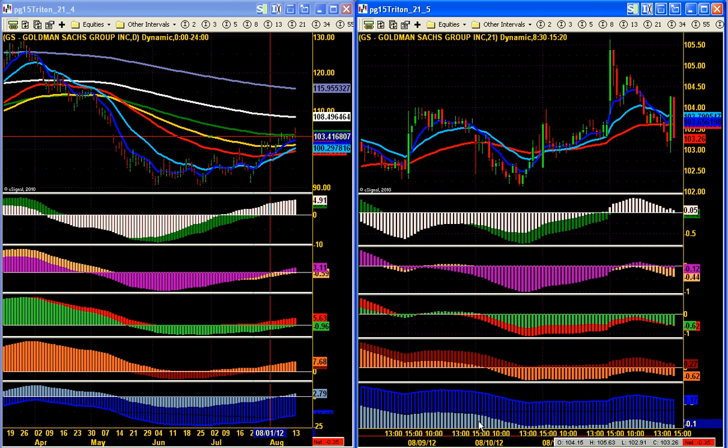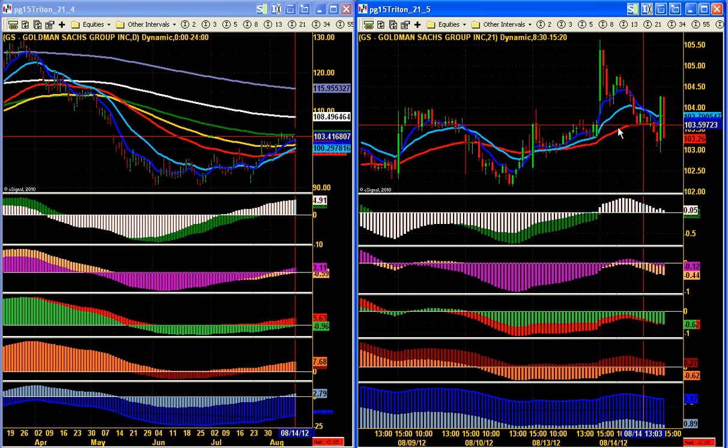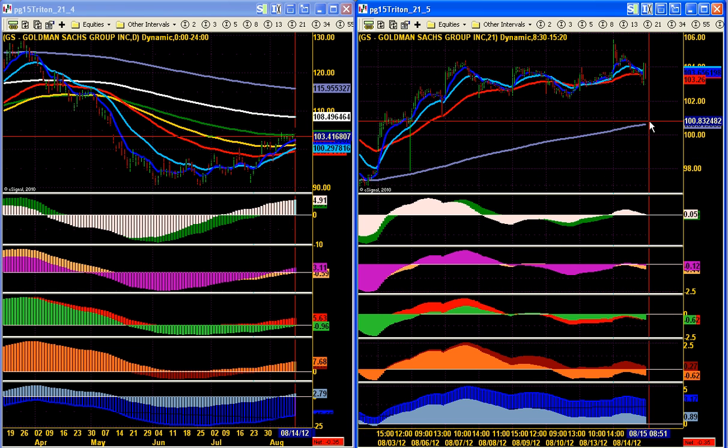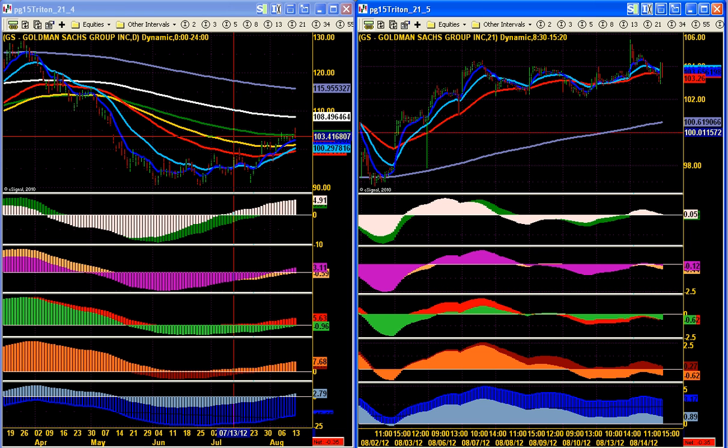So that's not really an indicator yet until T1 goes down. Actually, T2 and T3 are going down, so I see this as a short-term sell down to 100. My target on Goldman Sachs is 100.